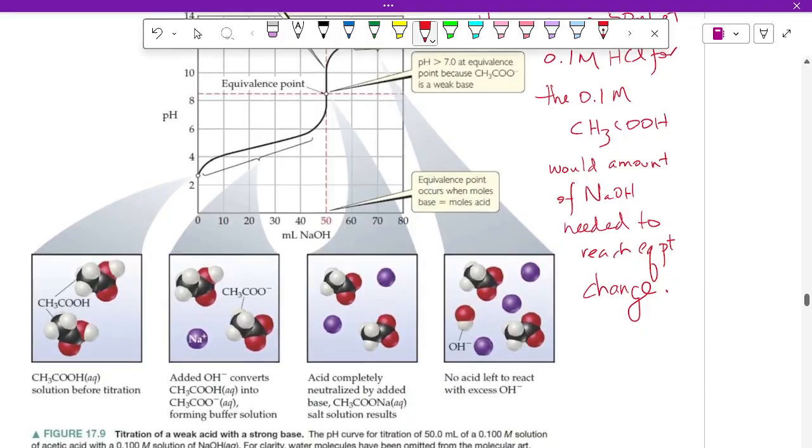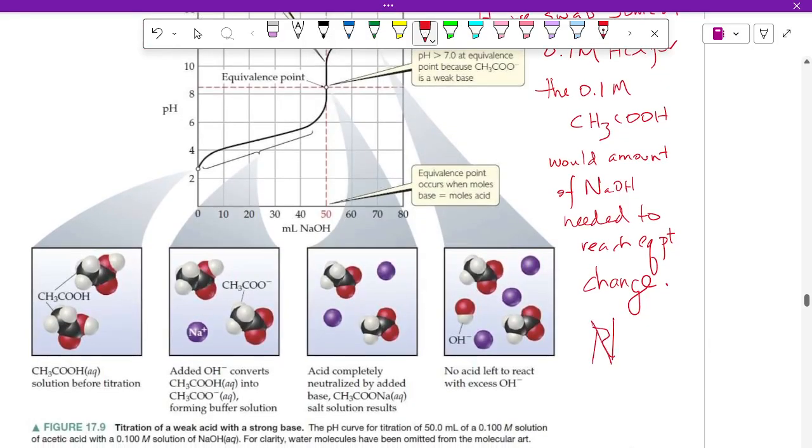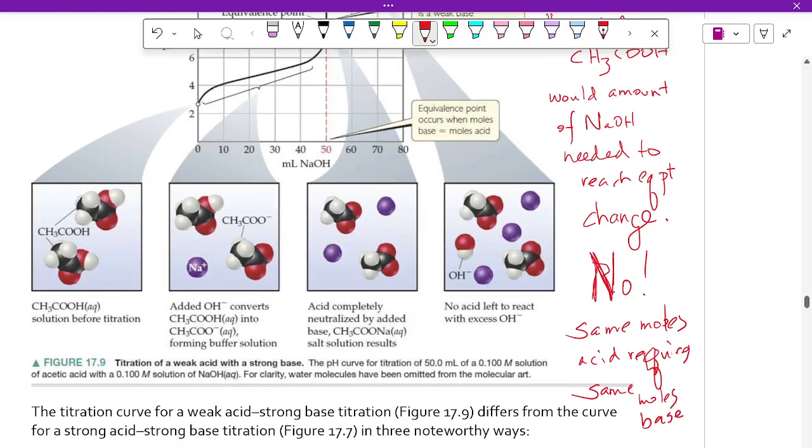So, no. Same moles of acid requires same moles of base. I'm just reiterating the same point again.